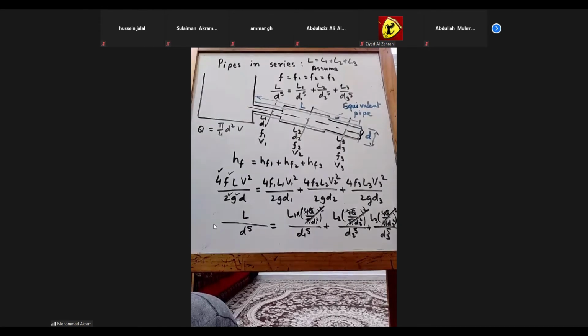This is when I want an equivalent pipe to replace the multiple pipes of different cross section areas, but in series.